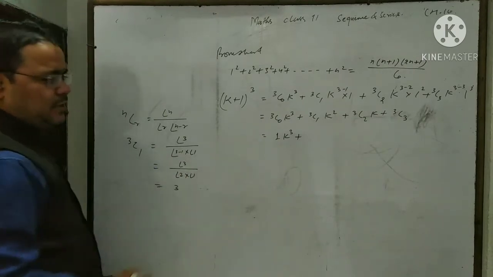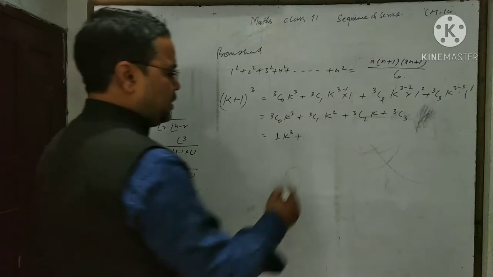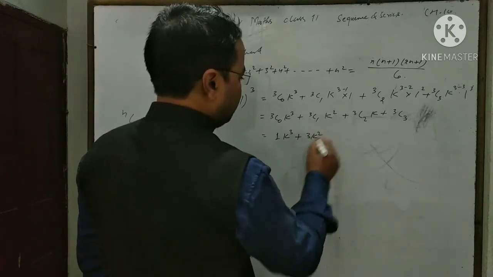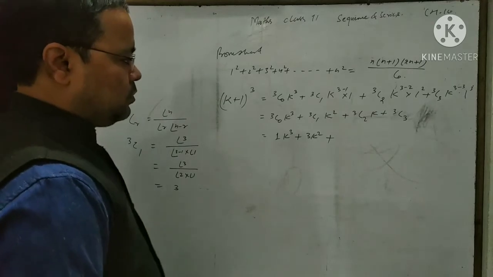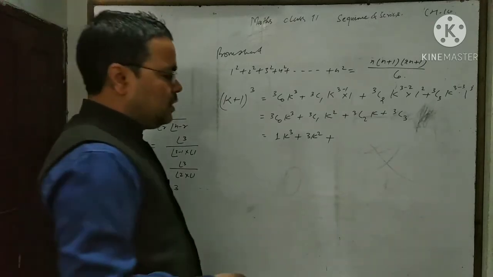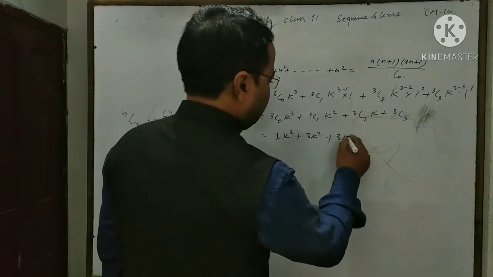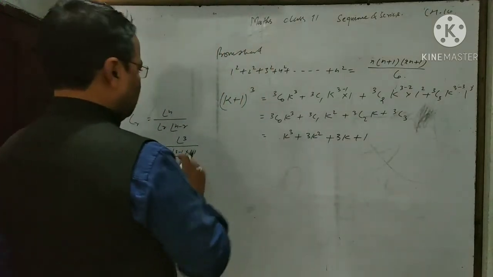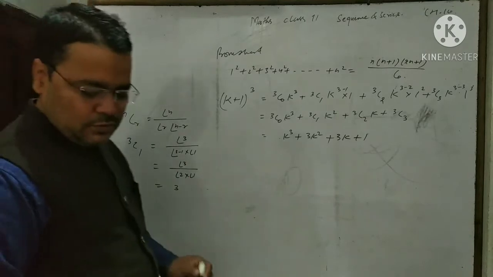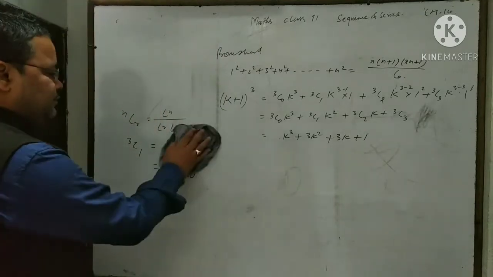Finally, its value will be 3. Okay, here it will be 3k square plus the value of 3C2. Value of 3C2 also will be 3. Here it will be 3k, here plus 1.